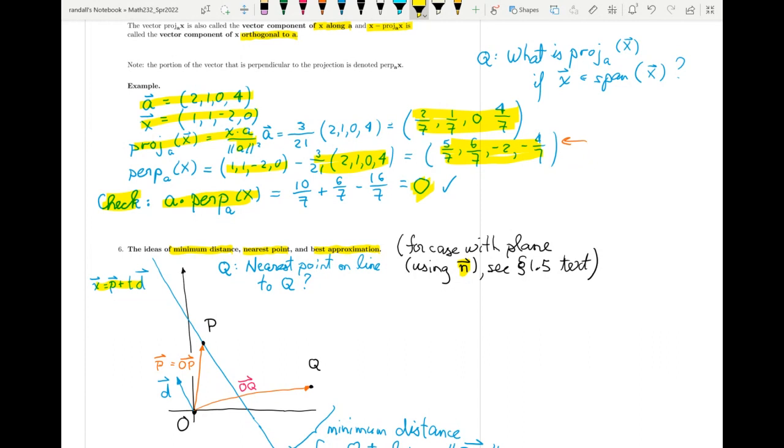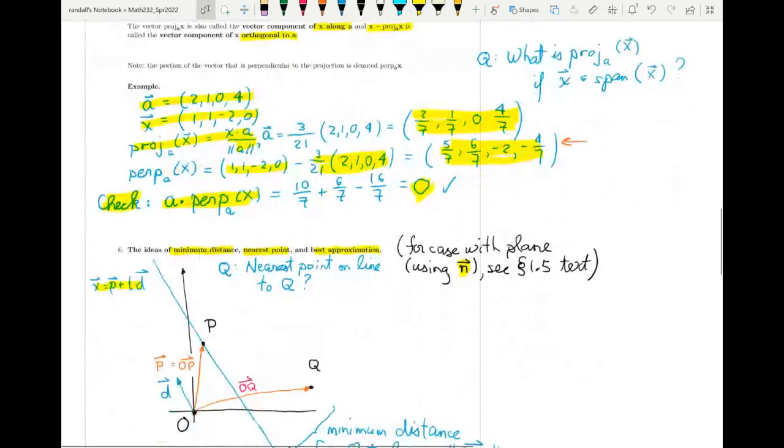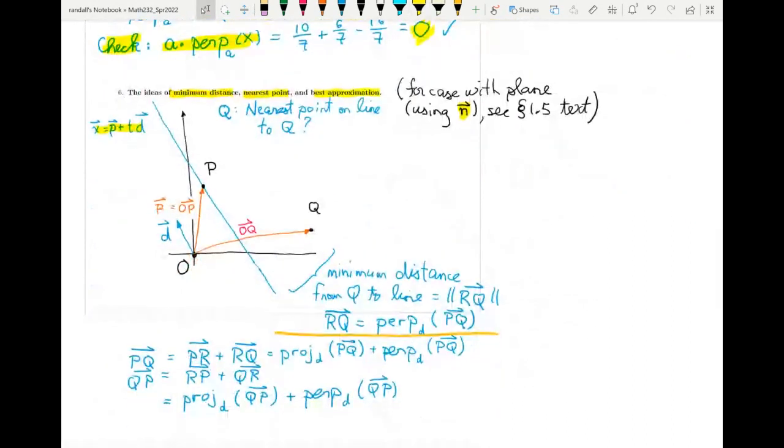All right, so now that we have the notion of orthogonal projection, we're going to use a very important property of it, related to minimum distances and nearest points, and subsequently, more generally, best approximations. Best approximations are going to be a very important application of linear algebra in lots of fields outside of linear algebra, and it's related to orthogonal projection.